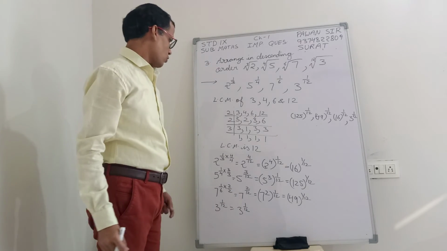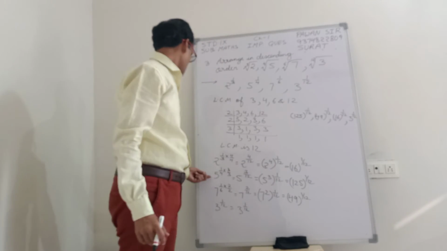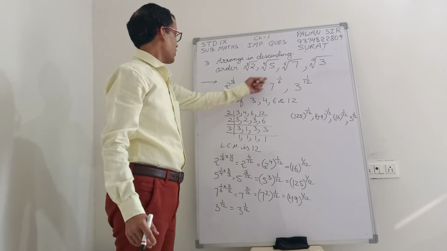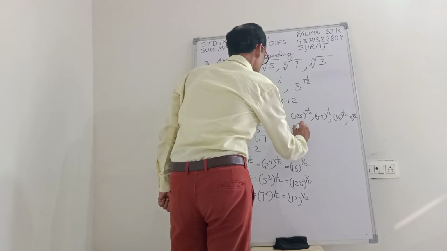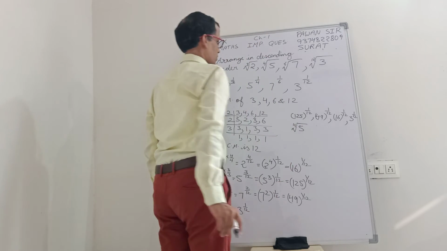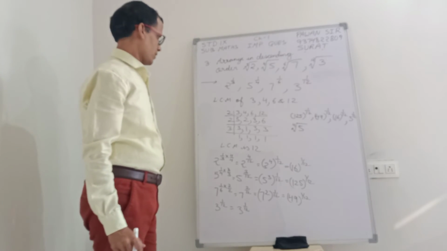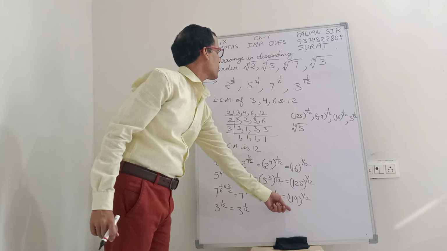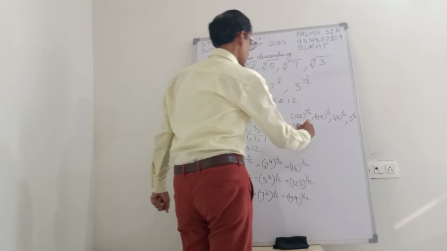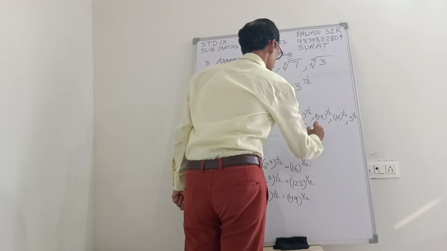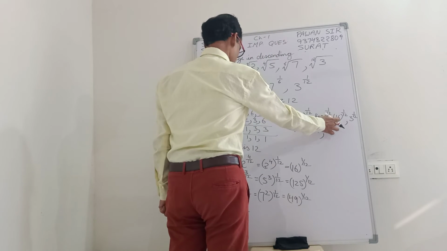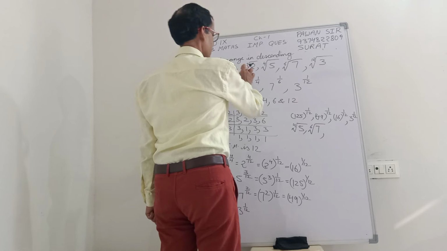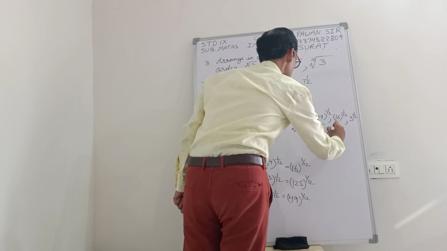Now we have to replace this number by the given number. The given number is 5, 4th root of 5. Now this number is your this one. Now the next one, this is your first one, cube root of 2.